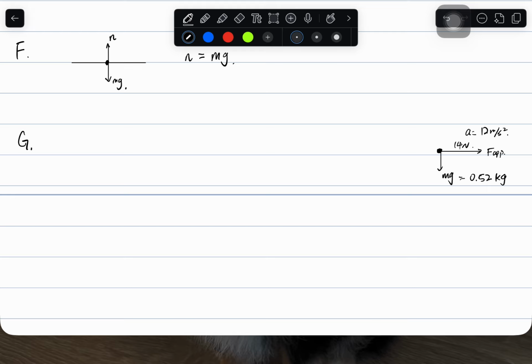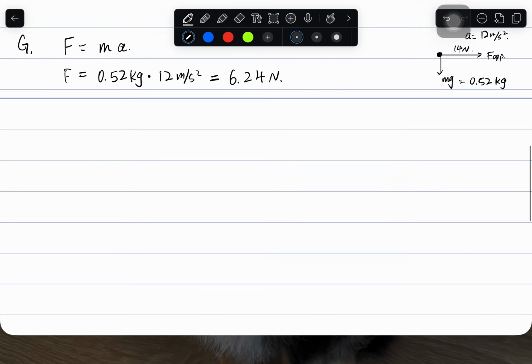So the force equals the mass of the plate times the acceleration, which gives us 0.52 kilograms times 12 meters per square second. After the calculation, we have 6.24 Newtons. So that's the net external force on the plate.